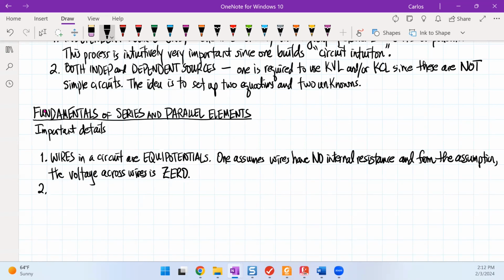Because of this, voltage drops can only occur across elements.